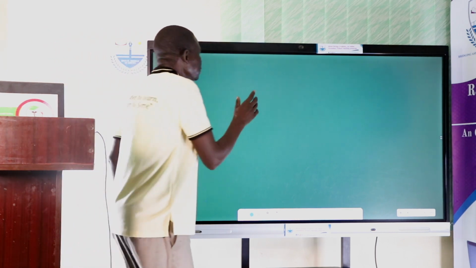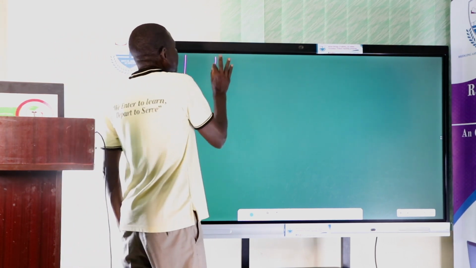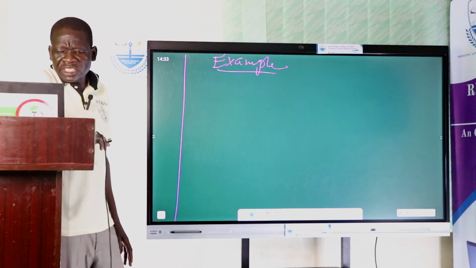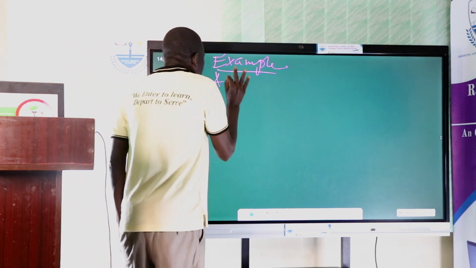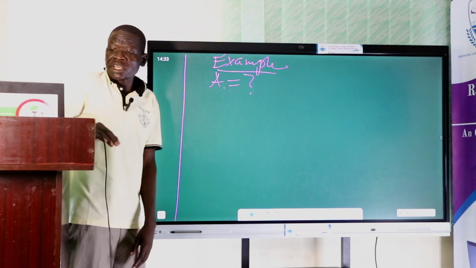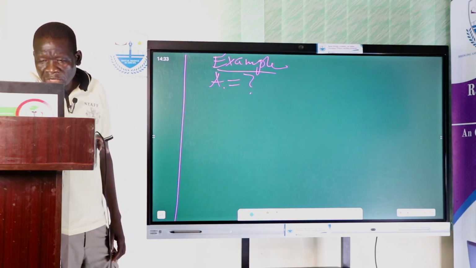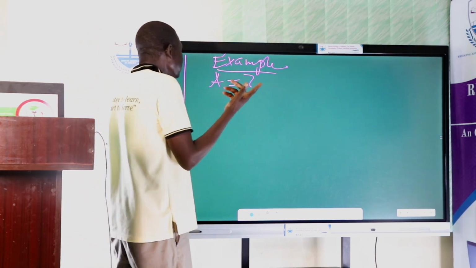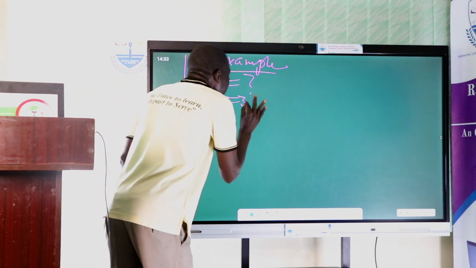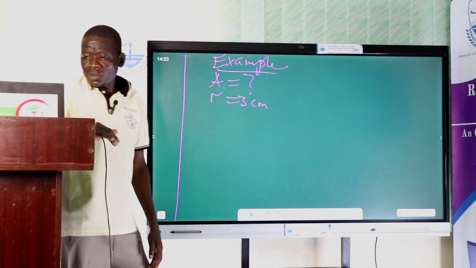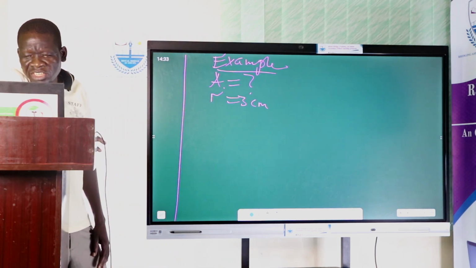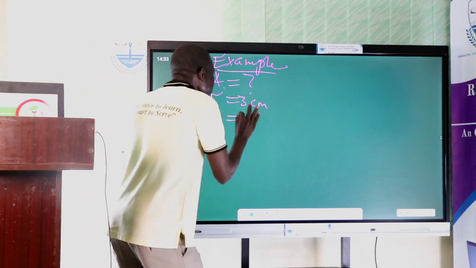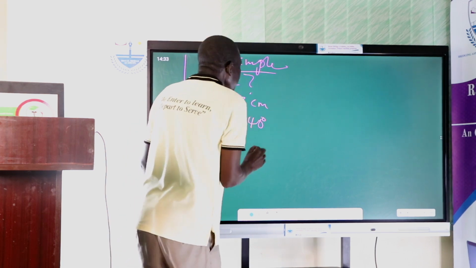So, we are given that, find the area of the sector. Area of the sector, we don't know, we are analyzing the question. Of radius 3 centimeters. Sector of the circle of radius r is equal to 3 centimeters. If the angle subtended at the center is 140, that is theta. Theta represents the angle, which is 140 degrees.